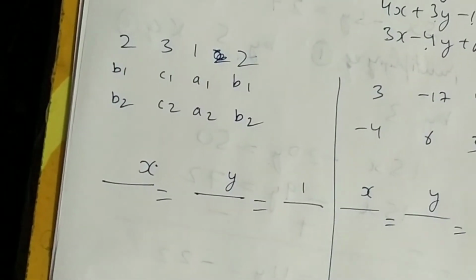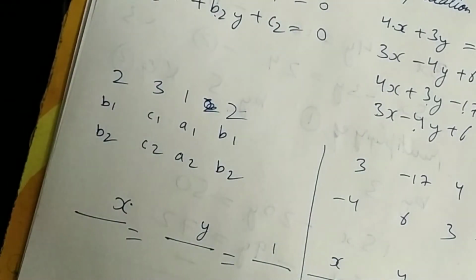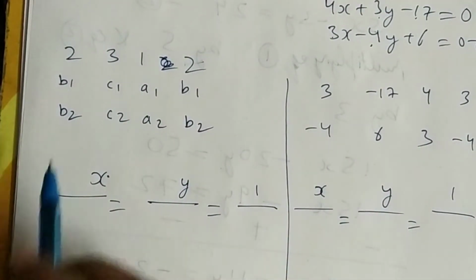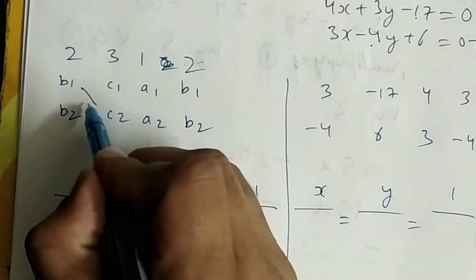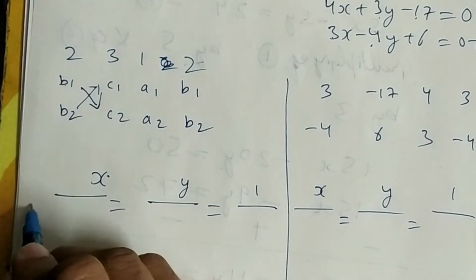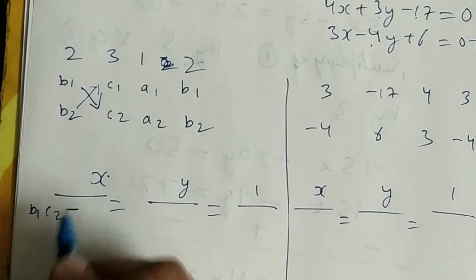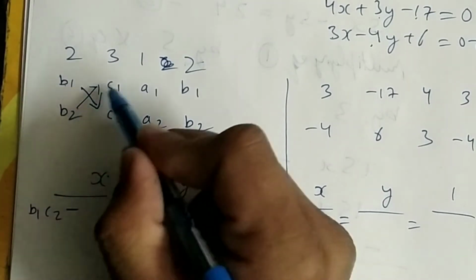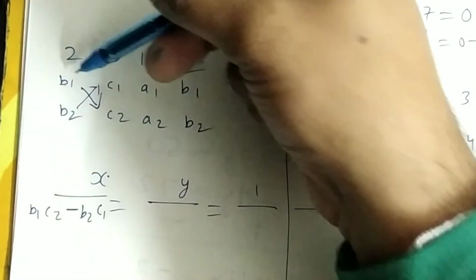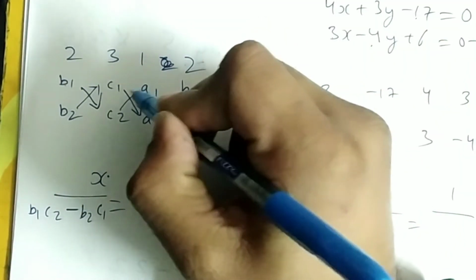Now here we have to do cross multiplication. That's why we call it the cross multiplication method. First you have to multiply b1 with c2, b1 c2. Then you have to put a minus sign here, then b2 c1. Always you have to multiply from the upper part, then the lower.